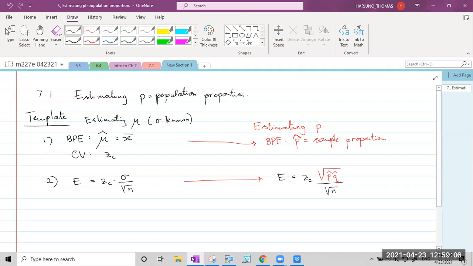So you replace the sigma by square root of p hat q hat. Later on you will see this formula basically becomes, they put the square root together. If p hat is sample proportion, q hat is 1 minus p hat.